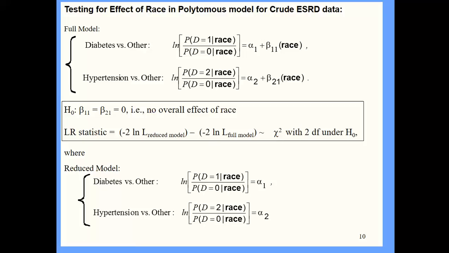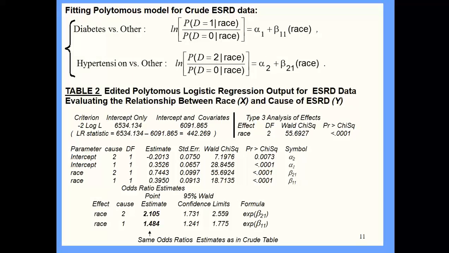Because there are 2 betas you're testing. This isn't that hard, if you think about it. You've just got more than one odds ratio you're dealing with. If you've got 3 categories, you've got 2 odds ratios. 5 categories, 4 odds ratios. That's what it is. Okay, now here's the output on the bottom of the screen here.